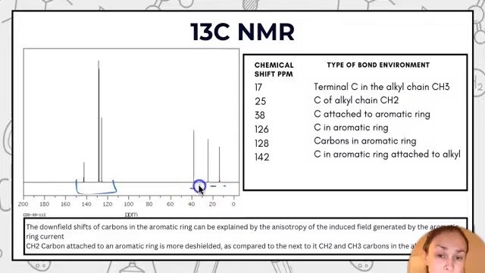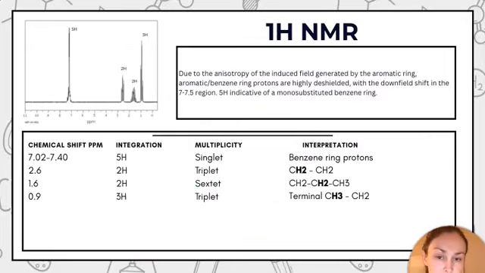I do see that 1 carbon is shifted a little more downfield as compared to the others. It is more de-shielded by the presence of an aromatic ring. Then we have the terminal carbon, which is not as de-shielded as this carbon, for example. It's in a different environment.